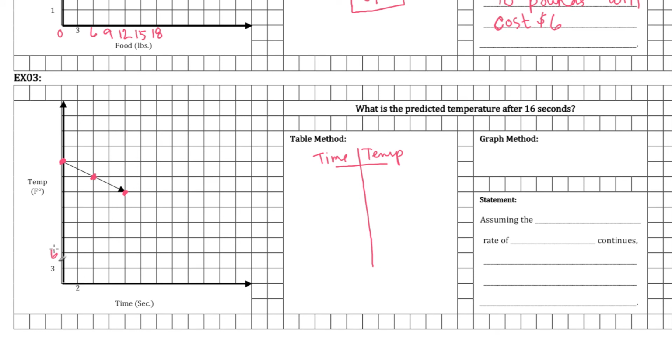These count by 3: 3, 6, 9, 12, 15, 18, 21, 24. This counts by 2: 2, 4, 6, 8, 10. So 0, 24. 0 seconds, 24 degrees. 4, 21. And 8, 18.